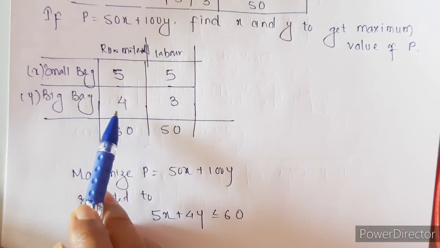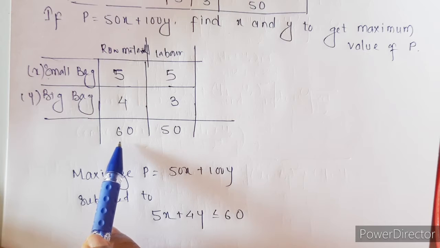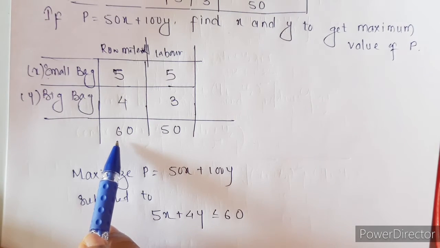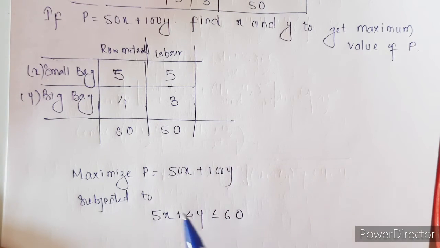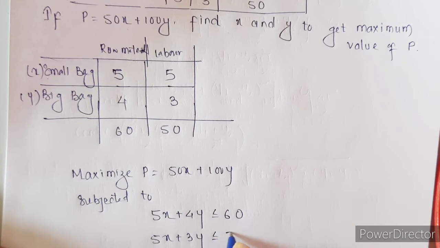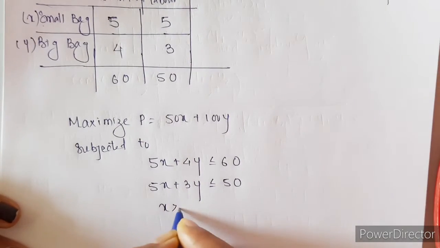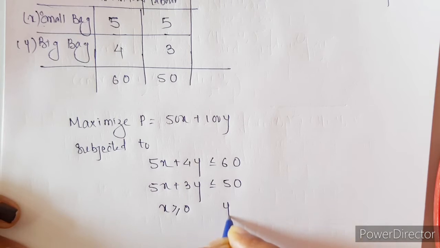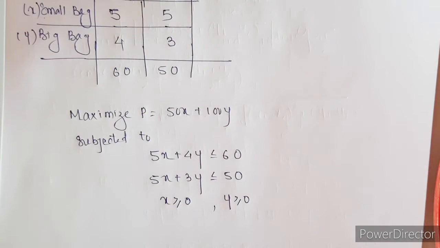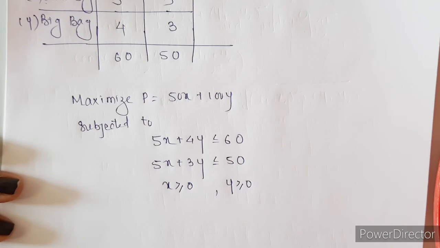So 5 times x, 4 times y, and availability is 60 units per day. Similarly labor, 5x plus 3y less than or equal to 50. And value of x can be 0 or more than 0. Similarly value of y can be 0 or more than 0.